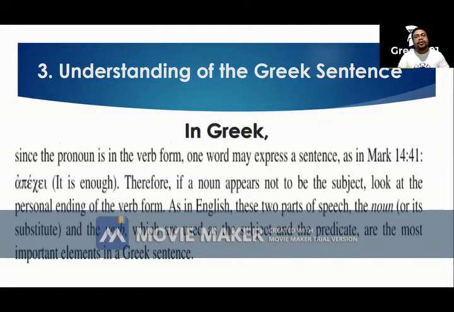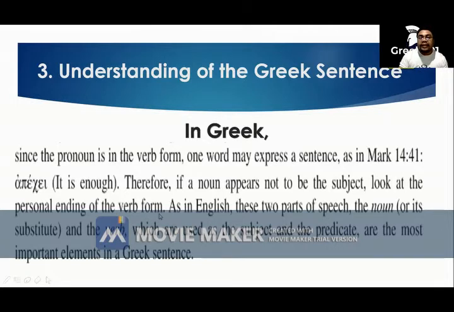In Greek, since the pronoun is in the verb form, one word may express a sentence. Like in Mark 14:41, the word apeke. It's just one word, but it means it is enough. So it is in the third person, singular, that is, it is enough. Therefore, if a noun appears not to be the subject, look at the personal ending of the verb form.